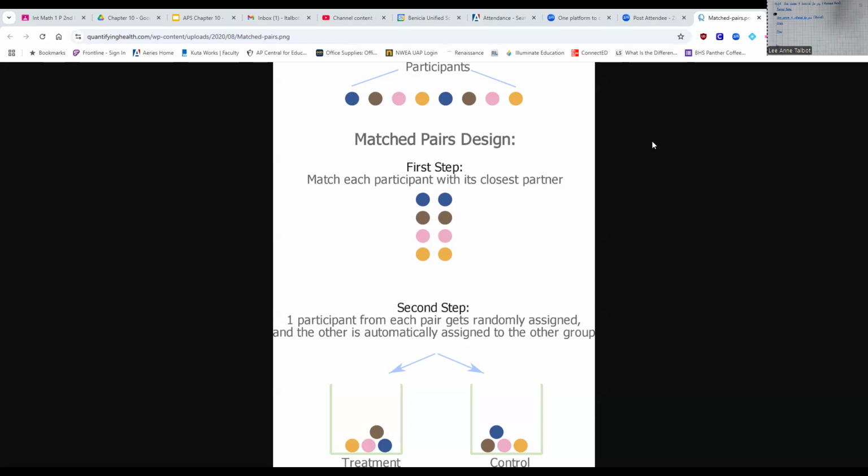It has some participants out there in different colors. Matched pairs. The first step is it matches each with its closest partner. And if you guys remember, a lot of times the closest partner was itself. So matched pairs was the one where you did the left hand and then you did the right hand and then they subtracted.